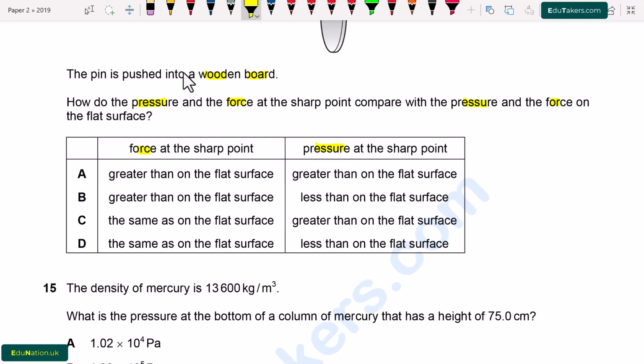Option A greater than on the flat surface, greater than on the flat surface. B greater than on the flat surface, less than on the flat surface. C same as on the flat surface, greater than on the flat surface. D the same as on the flat surface, less than on the flat surface.